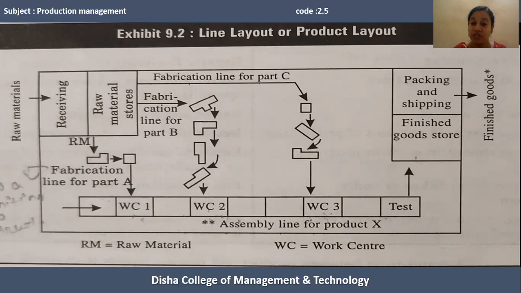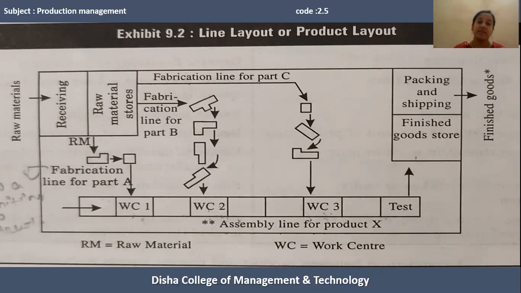Likewise the product is produced in a straight line manner, and the product moves from one machine to another machine automatically, and at last the finished goods quality is tested, and after that it is sent to the storehouse, and from the storehouse it is sent to the packing and shipping department, and at last the finished goods are sent to the market.